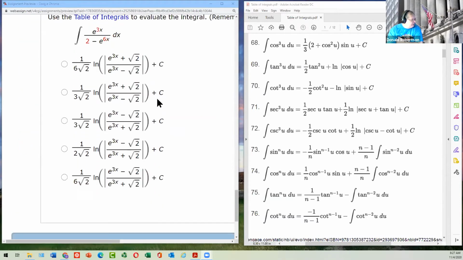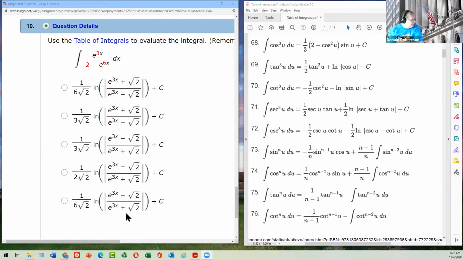Now, question 10, one of these is the right integral. But I need a u sub. And this one will challenge you because it is not a normal u sub either. 3x. Say it again. 3x.